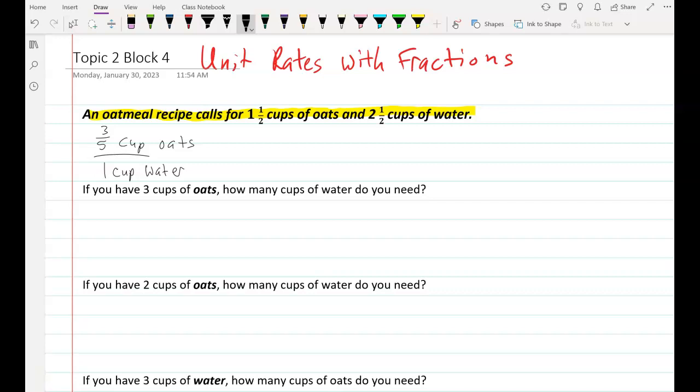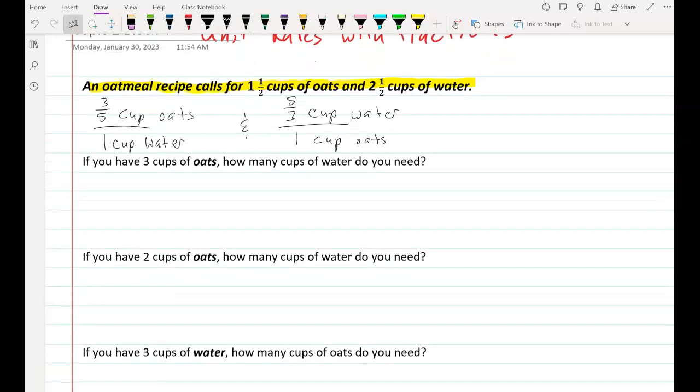And the other unit rate, when we reverse the rates: for 1 cup of oats, we used 5/3 a cup of water. We'll be able to use this information on these next two questions.